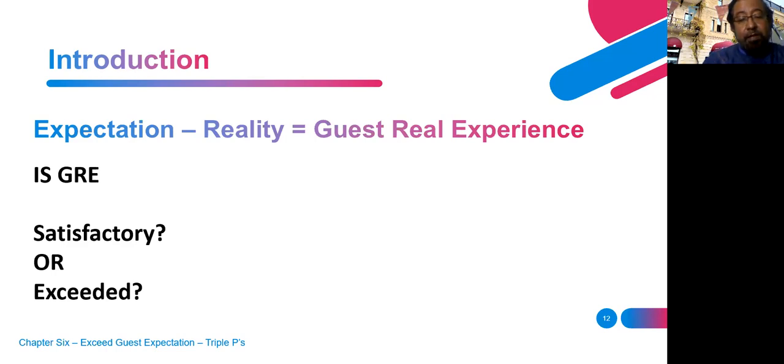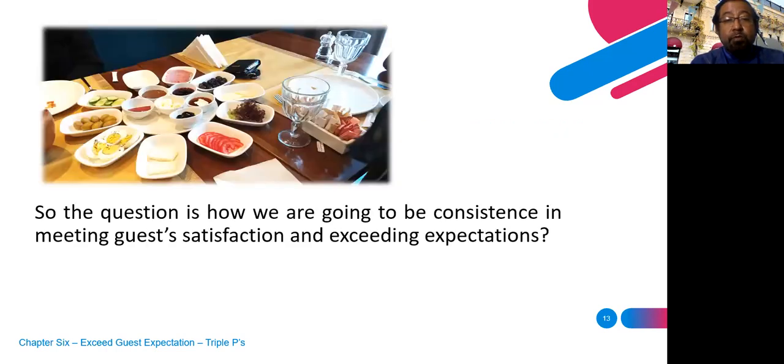And from there, either the guest is satisfied or we exceed the expectation. So the question is how we are going to be consistent in meeting guest satisfaction and exceeding the expectations.